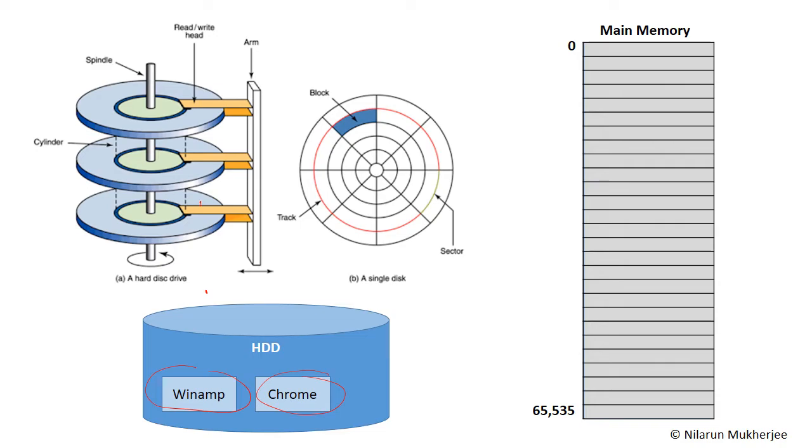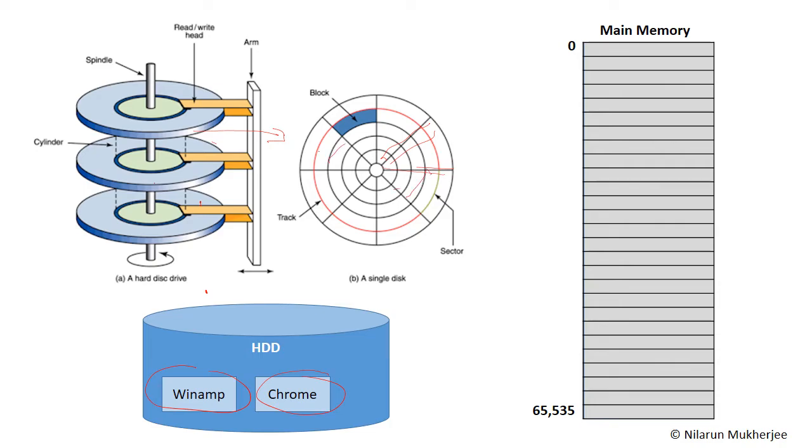First we need to understand the hard disk. There are several platters, and in the surface of each platter we have sectors. This total is a sector, and we have several tracks.